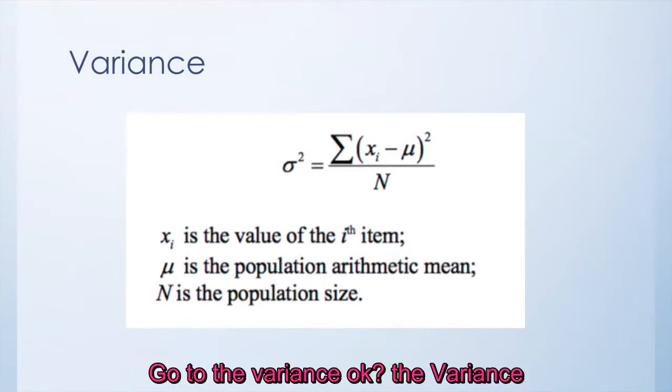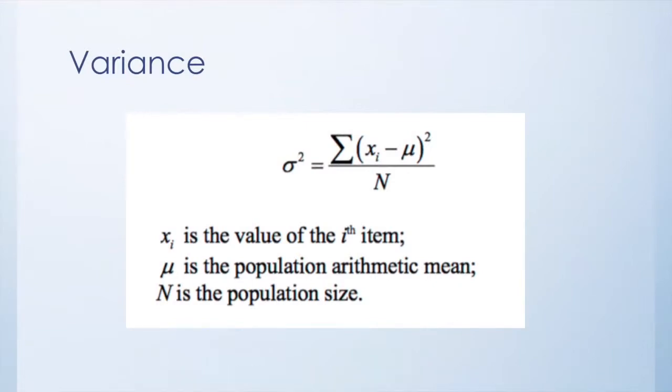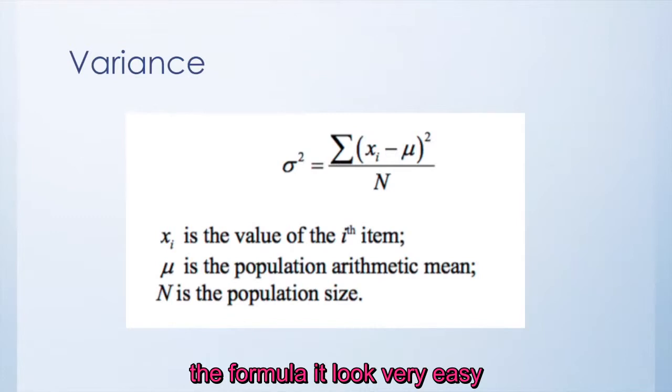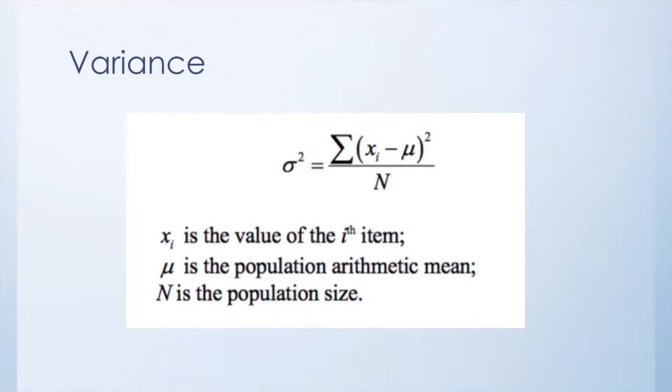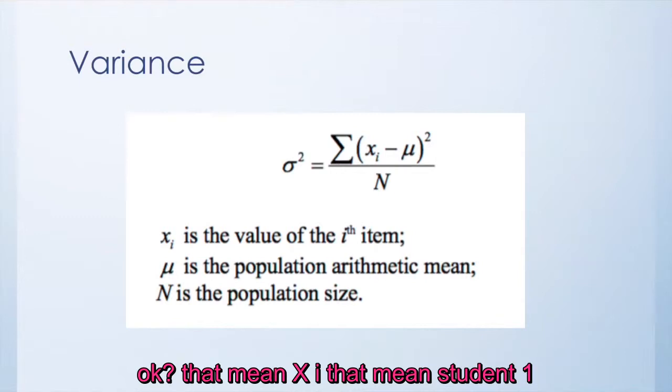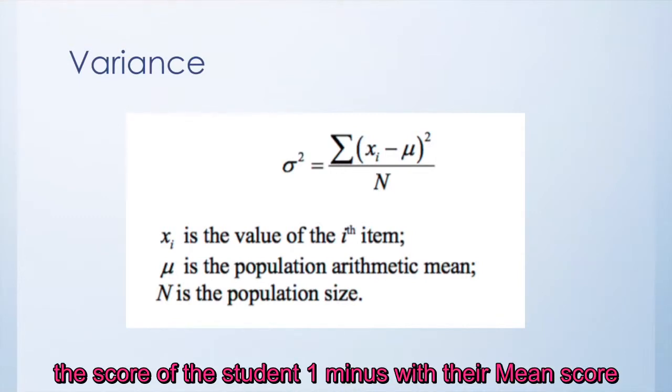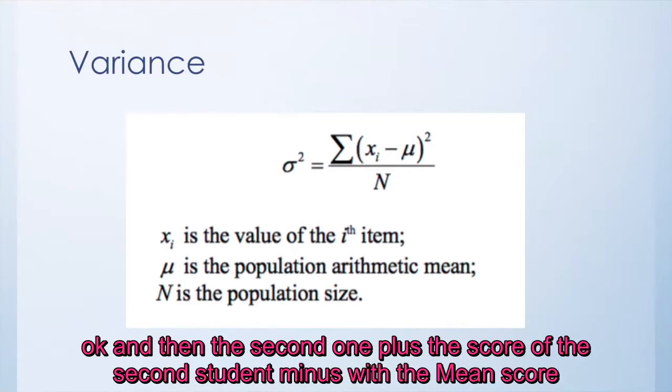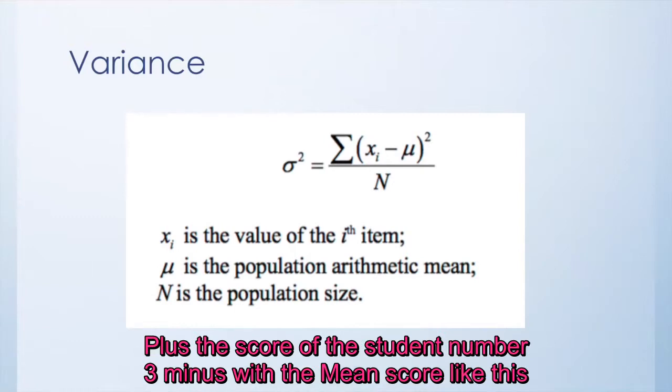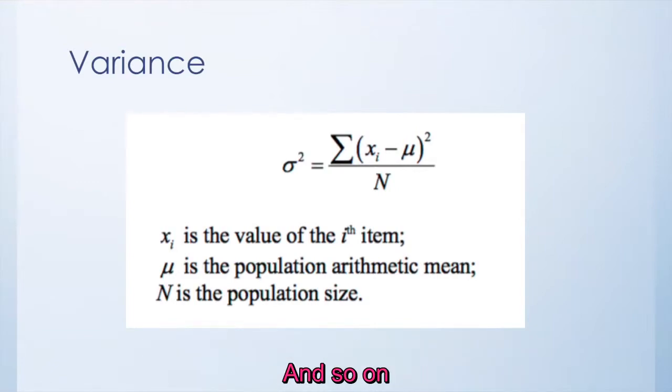Now let's go to the variance. The formula looks very easy. For xi, that means student 1, the score of student 1 minus the mean score, and then plus the score of the second student minus the mean score, plus the score of student number 3 minus the mean score, like this, and so on.